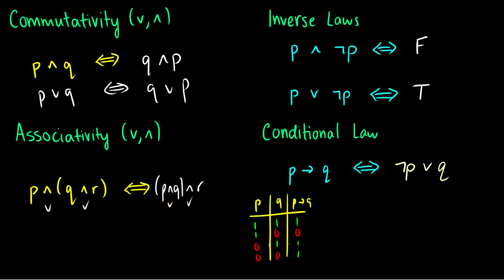So it's true in these two conditions when P is false, or when Q is true in these conditions. So not P or Q captures every single environment where P arrow Q is true. So that's the conditional law. This is why P arrow Q is equivalent to not P or Q.